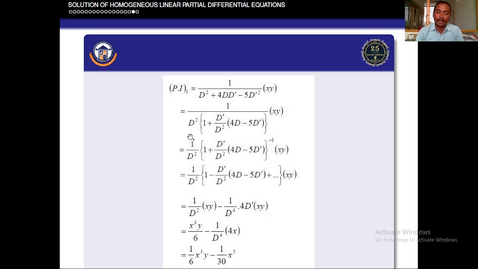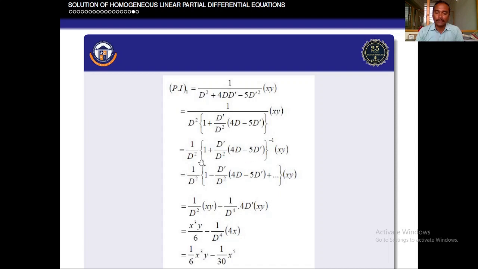So D² into [1 + D'/D² (4D − 5D')] into xy, which is equivalent to (1 + D'/D² (4D − 5D')) to the power −1. It is in the form of (1 + x) to the power −1. Here the term D'/D² (4D − 5D') is assumed to be equivalent to x.